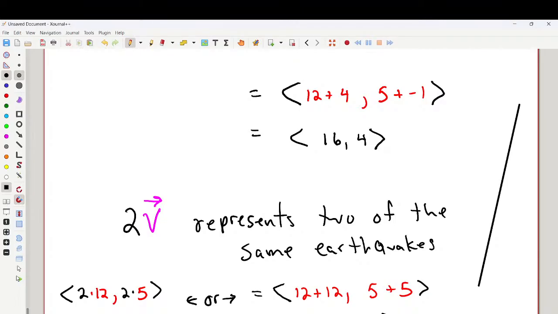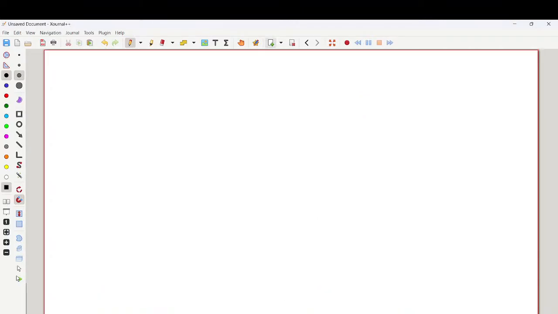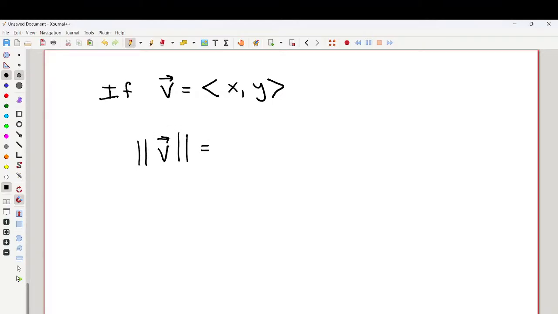So before I move on, summary time. What's the formula for this? Square root of a squared plus b squared.